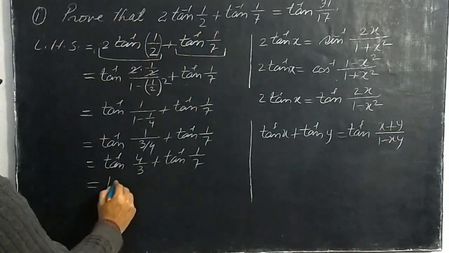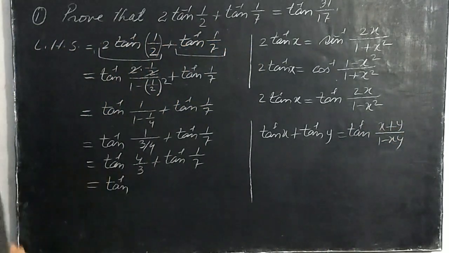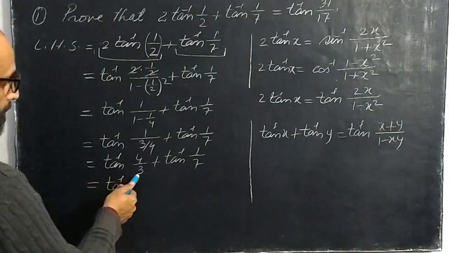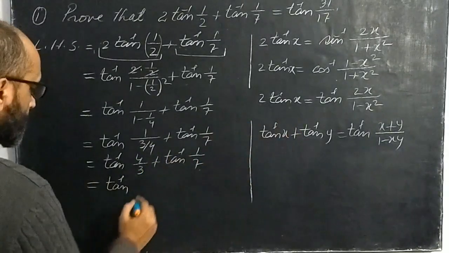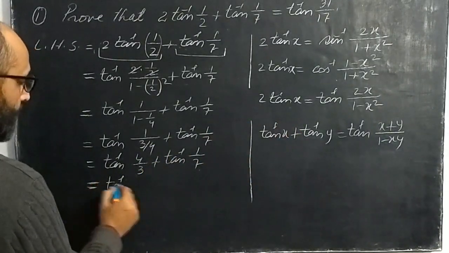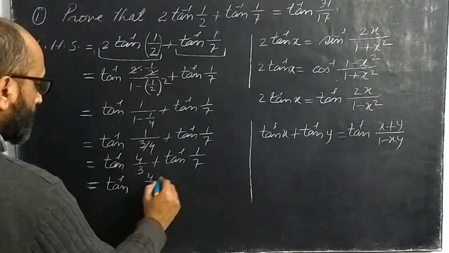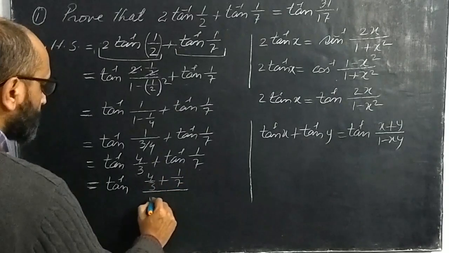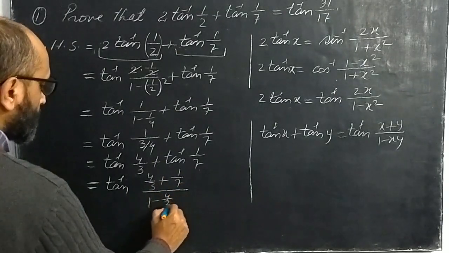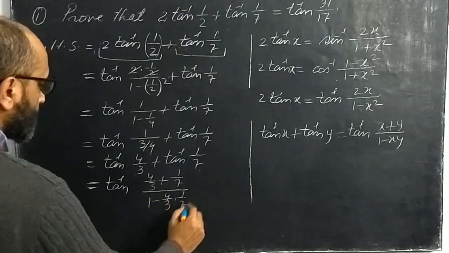So tan inverse, x is 4 upon 3 and y is 1 upon 7. So using this identity we get tan inverse 4 upon 3 plus 1 upon 7 upon 1 minus 4 upon 3 into 1 upon 7.